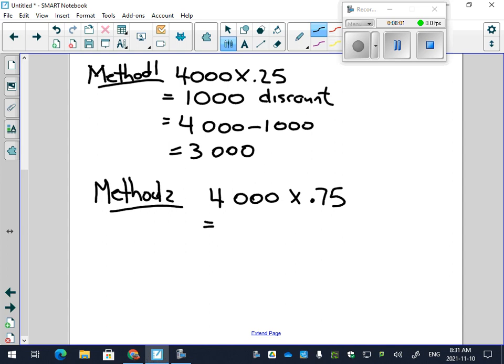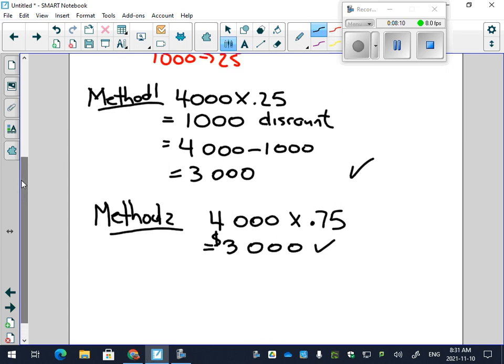And $4,000 times 75% is $3,000. This gives you the same answer as method one, but one requires a little more work. But it doesn't mean you shouldn't do it the method one way. Do it whatever way makes the most amount of sense. And if you can do that, we'll be good going on to the next part. All right, good luck.